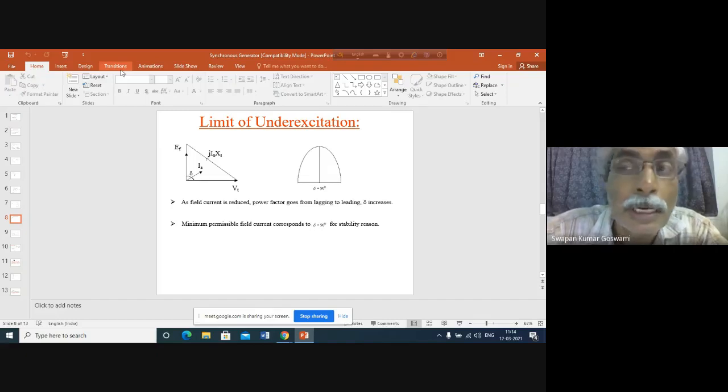So under-excited operation of the generator has to be done when the system demand is low. When the system demand is high, obviously the excitation will be high. That means the generators will be overexcited because they will be supplying reactive power. As much reactive power they can supply, they will be able to maintain the system voltage.